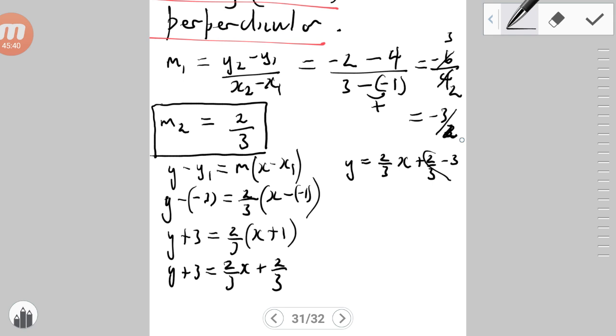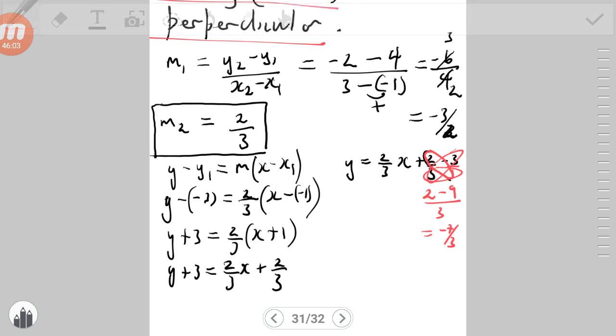So here, that's going to be 2 times 1, that's 2, and 3 times minus 3, that's minus 9, over 3 times 1 is going to be 3. Alright, so we end up with minus 7 over 3.